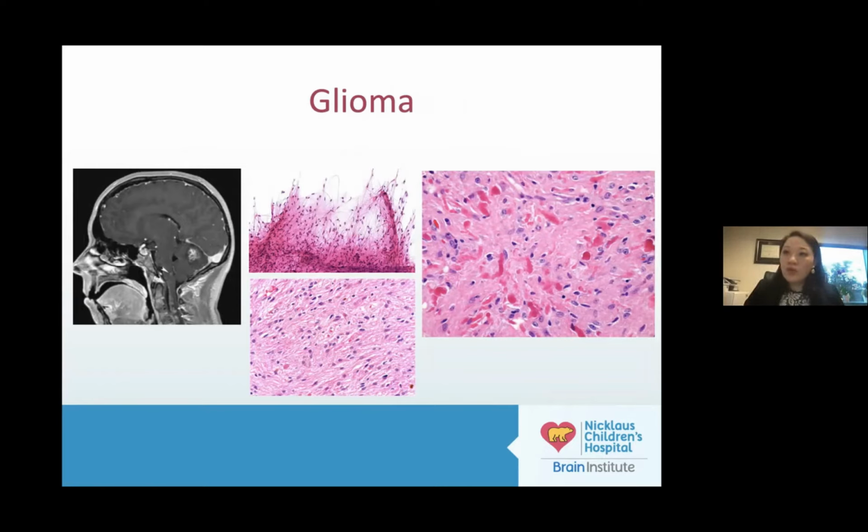Then you will also see evidence of potential Rosenthal fibers, which are these red rod-like structures that can be quite diagnostic of pilocytic or low-grade astrocytomas.